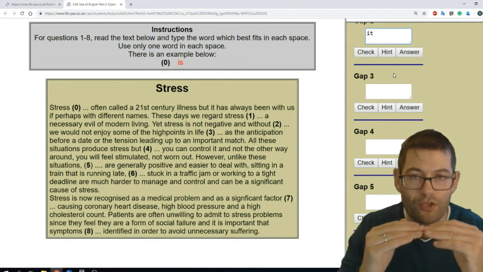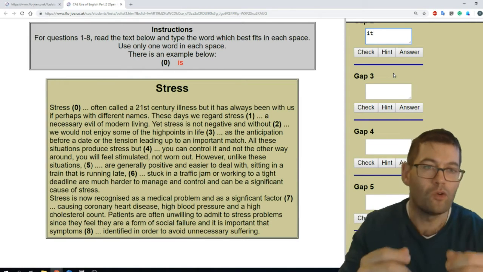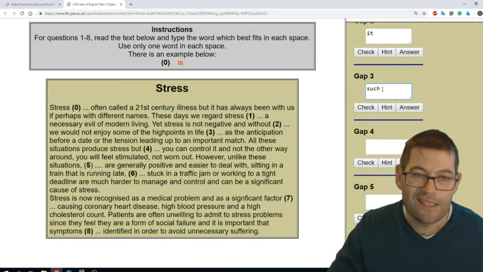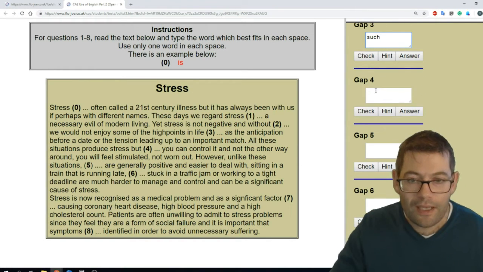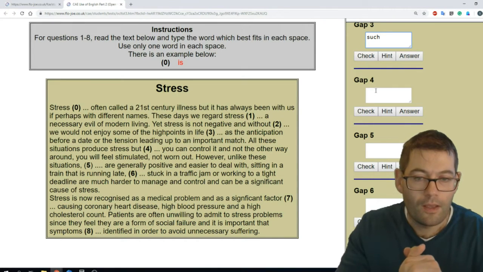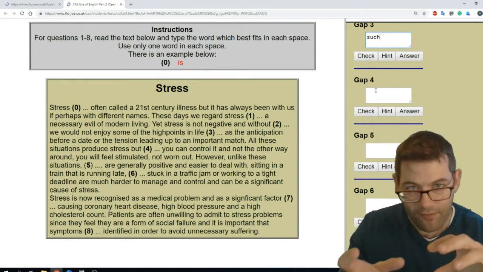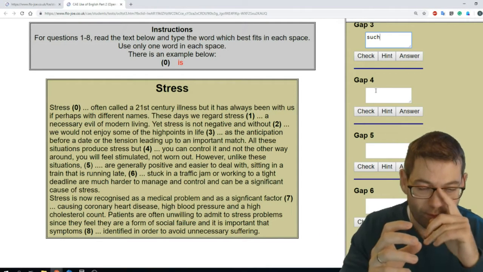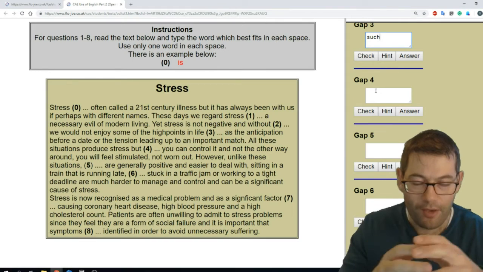What expression means the same as for example? The answer that we need is such. So such as the anticipation before a date. And of course, such as is a form of substitution for example. So synonyms and substitutions are very, very closely linked.